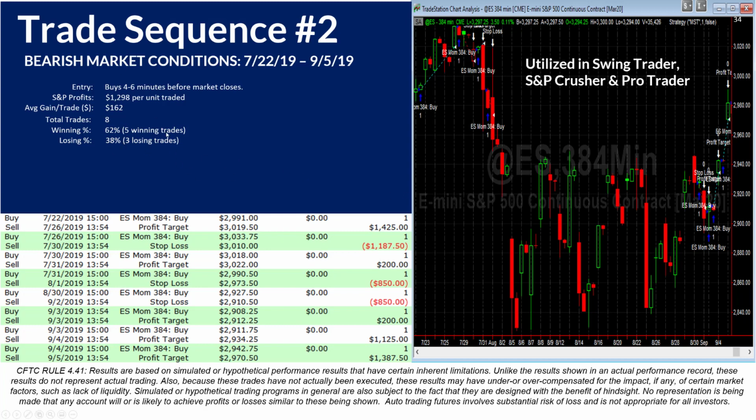So when you average this out with the other month that we were looking at, with the bullish, you can see that we hover, usually it's around 70 to 80% win rate on this algo. But hopefully this helps give you an idea of how this one trades when the market goes lower.